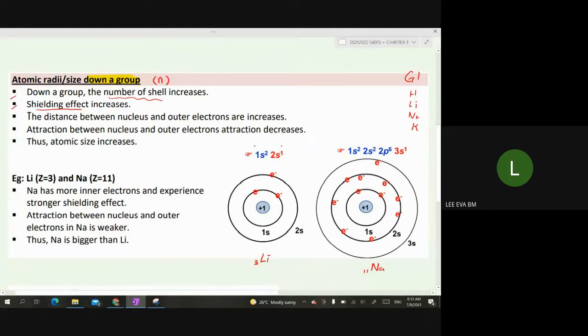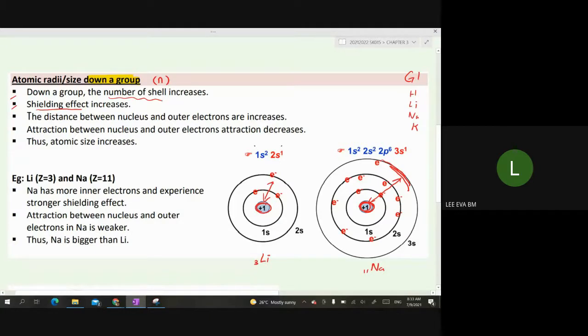Therefore, the distance between the nucleus and your outer electron increases. So this one is just common sense. You adding the number of shell, shielding effect increases. Therefore, the distance between nucleus and the outer electron increases.